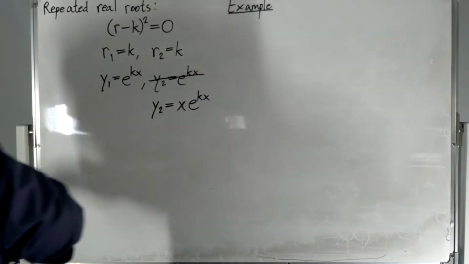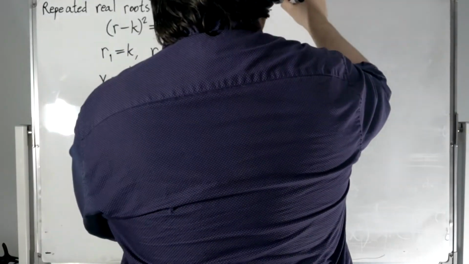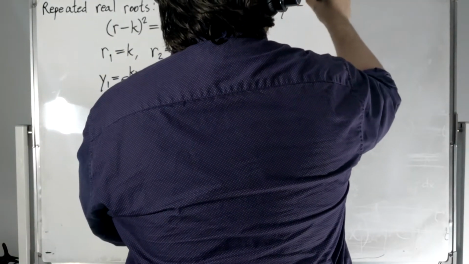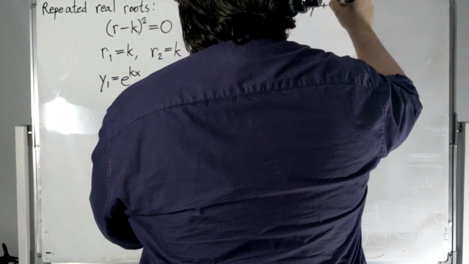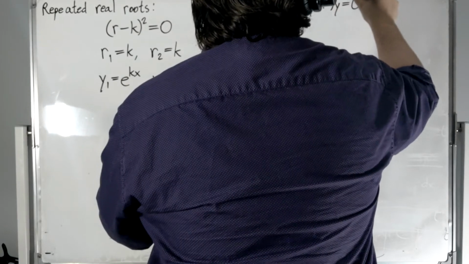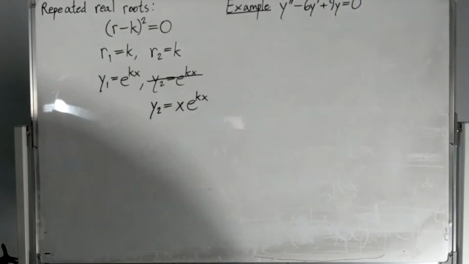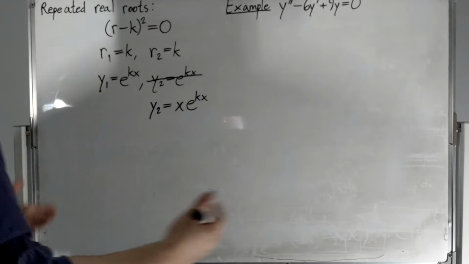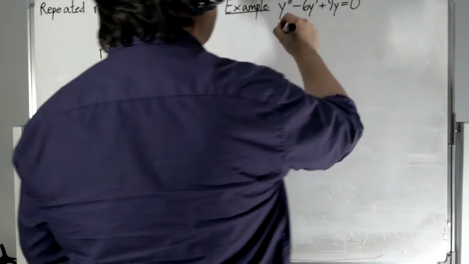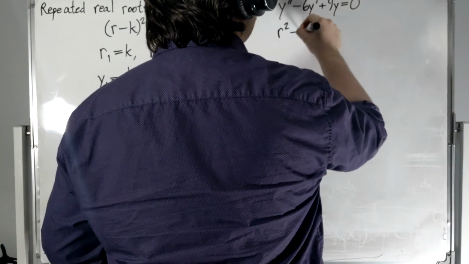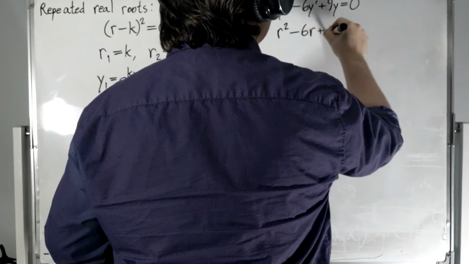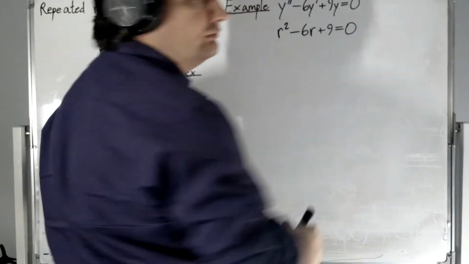So, let's say we want to find the general solution of y'' minus 6y' plus 9y equals 0. Okay, so the characteristic equation looks like r squared minus 6r plus 9 equals 0, right?